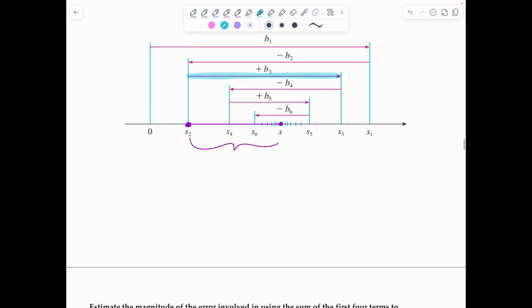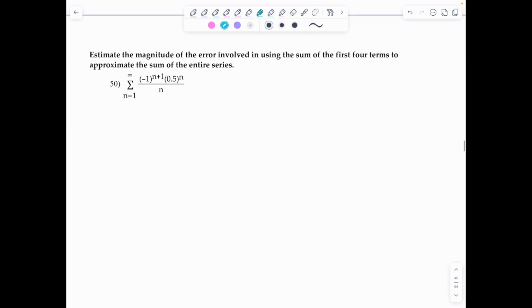Okay, so here we go. Pretty straightforward examples. Estimate the magnitude of the error. So they don't care if it's positive or negative, just how much, involved in using the sum of the first 4 terms. So we're summing up the first 4 terms. N is 4. To approximate the sum of the entire series. So we're not summing up infinitely many, we're just summing up 4.